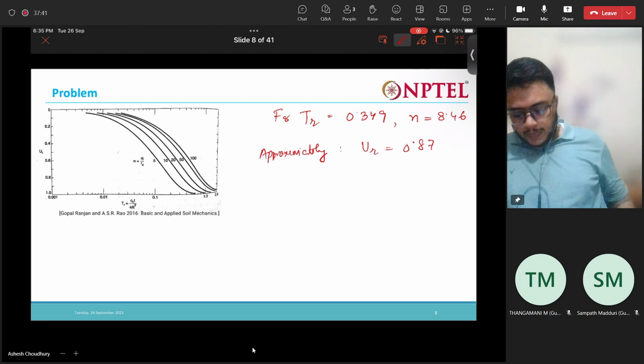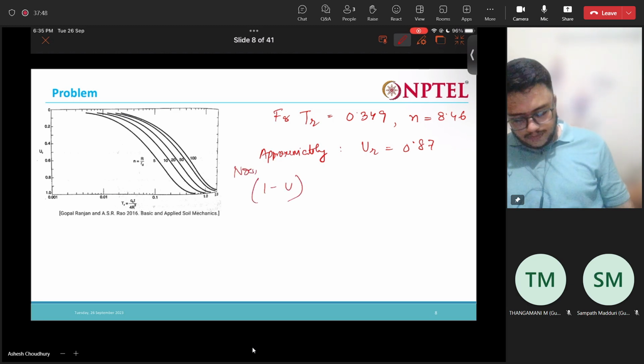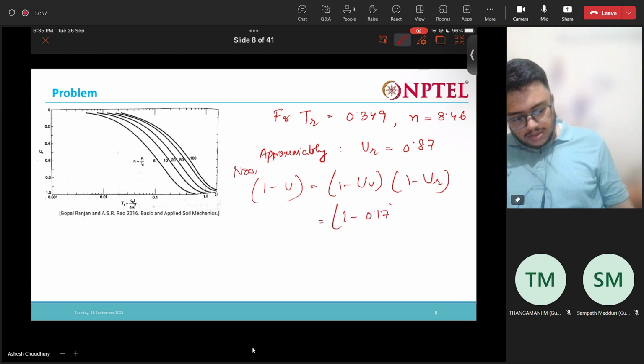Now how to get the average settlement? 1 minus U, how much was UV?